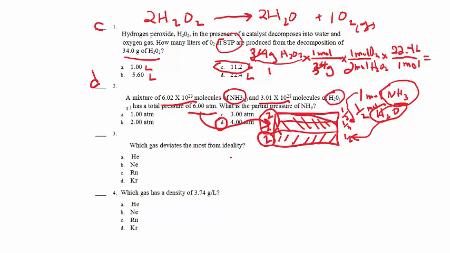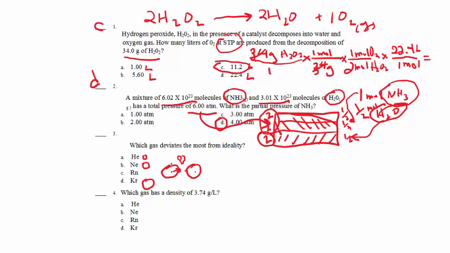Which gas deviates from ideality? Well, size matters. Helium is a little tiny atom, neon is bigger, krypton is even bigger, and radon is the biggest atom. The larger the size of the atom, the more it deviates from ideality, because the electrons leave more potential for there to be some attraction between these molecules.